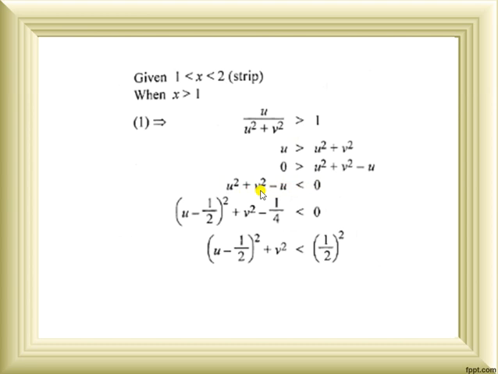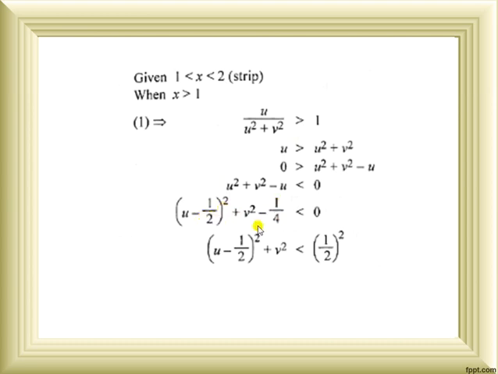So this is nothing but a circle equation. For better understanding, I'm making this into perfect squares. You just add and subtract 1 by 4. So I'm combining this into u minus 1 by 2 the whole square plus v square minus 1 by 4, because while I'm opening this I will get u square minus u plus 1 by 4.